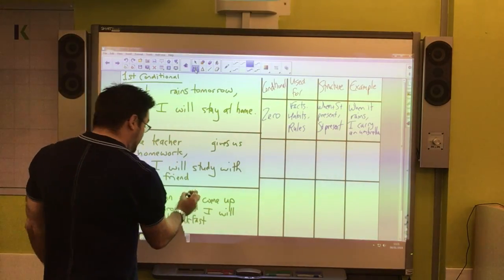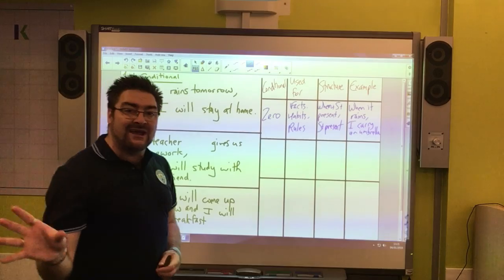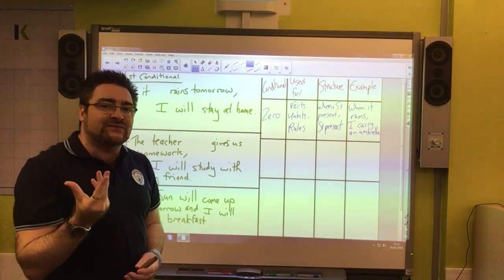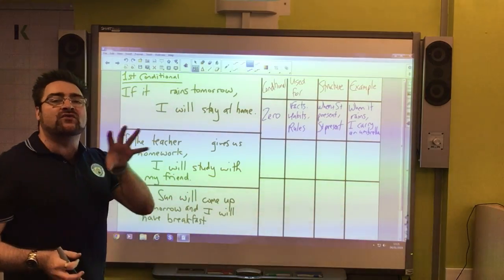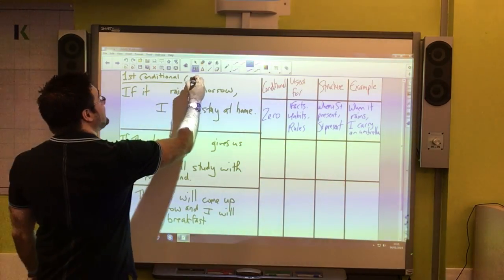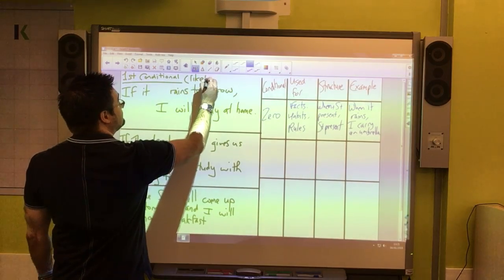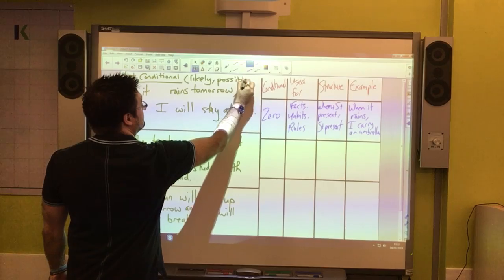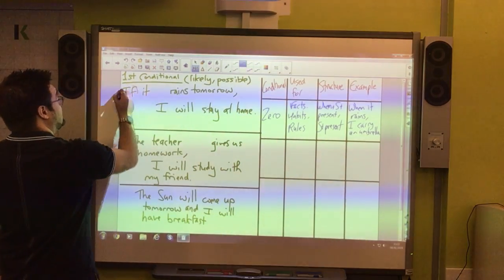Now, in the previous videos, we looked at the difference between if and when for the zero conditional. Here is the big difference between if and when for the first conditional. This is likely or possible. So we're using if.